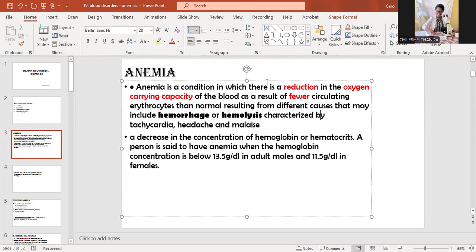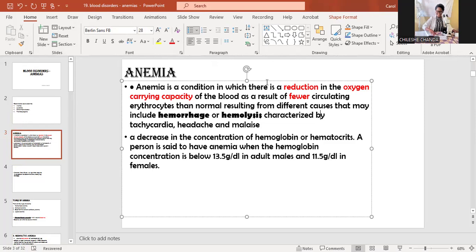And in this case, for anemia, we have said that we have several different factors that cause anemia, and one of those is hemolysis, and the other is hemorrhage. And the other thing that you should include in your definition should be characteristics, meaning signs and symptoms.